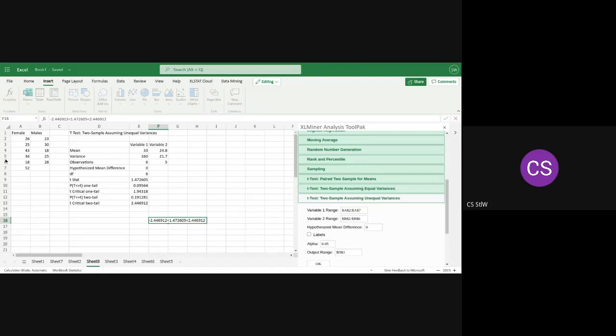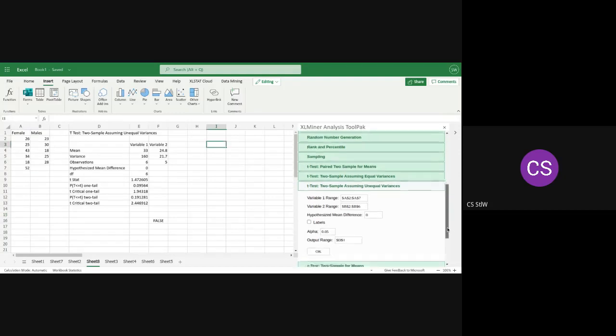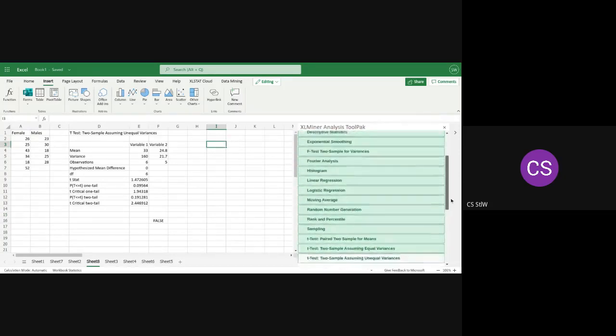I want to do something. Let us do that F-test again with this data set. I don't know if probably the other data set had some issues. Let us see if our F-test is going to cooperate with us.